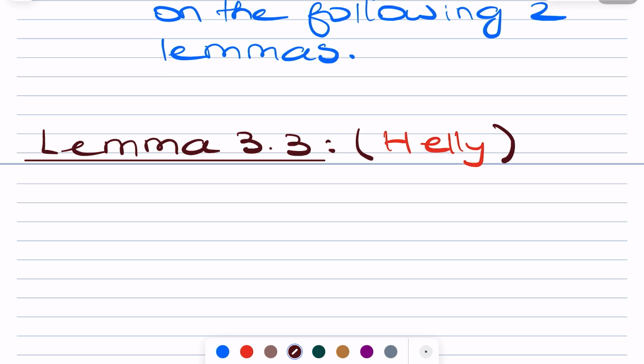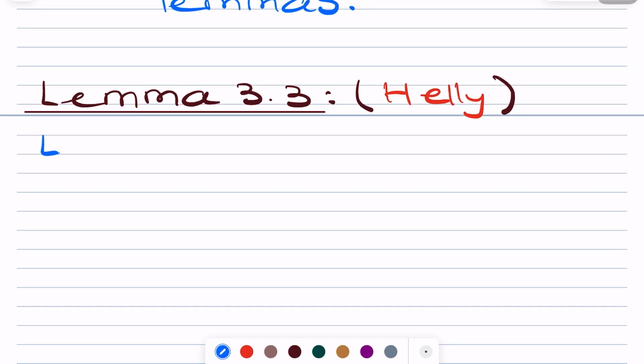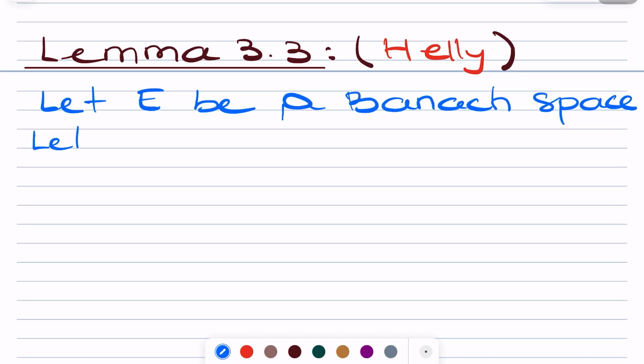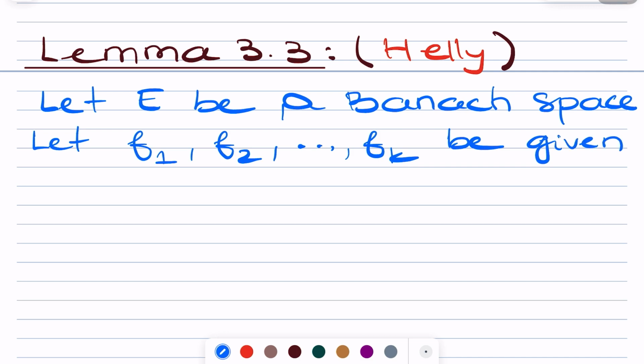So what does it say? Let E be a Banach space and let say F1, F2, up to Fk be given in the dual space.